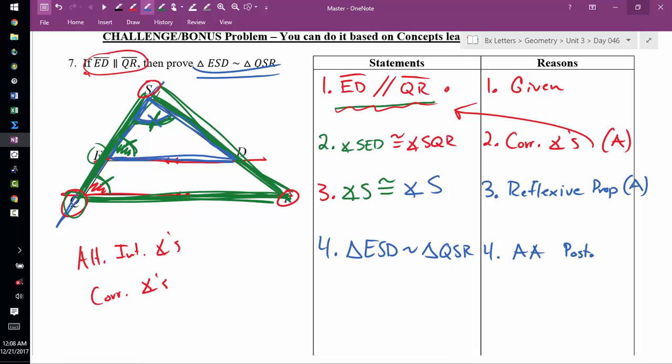And I just kind of want to end on a note that you might be asking yourself. You might be trying to put order to all of these proofs and think in terms of, okay, well, when I see this picture, whether it be the picture from number 7 or whatever, how many steps must that be?